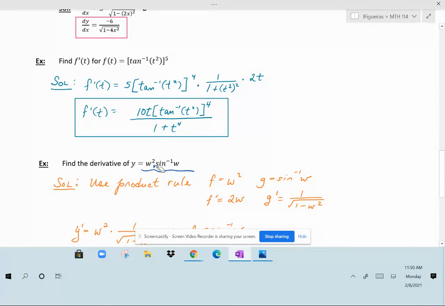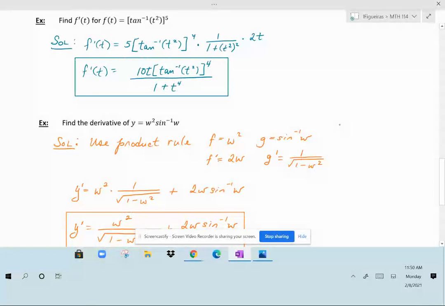So when I set up my product rule, I let f equal w squared, f prime is 2w, g is sine inverse of w, and g prime is the formula I just gave you at the beginning of the lesson, which is 1 over the square root of 1 minus w squared. Then we just have to put it together.